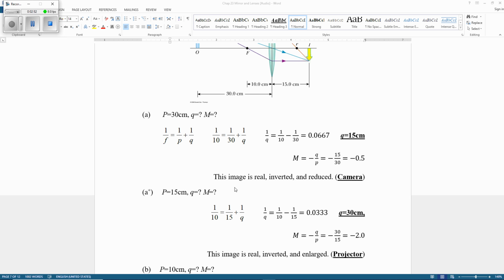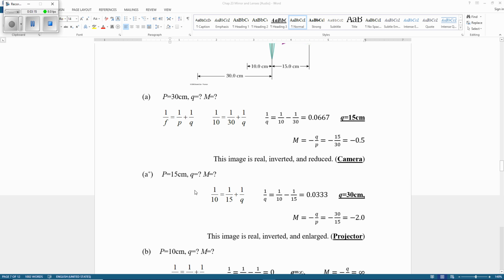So the image is real because Q is positive, inverted because M is negative, and reduced because the absolute value of M is smaller than 1. So this is the principle of a camera.